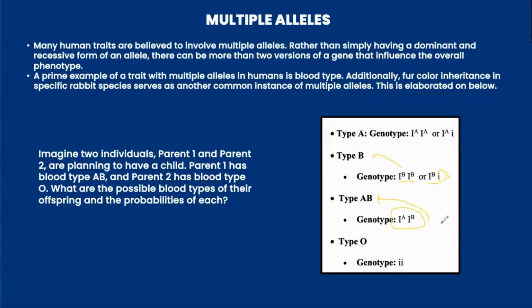So you can see here that there are multiple capital letters for blood type designation, and the combination of both dominant alleles gives a whole new blood type. And then finally, you have blood type O, which is the act of not having any allele association, but we represent it with two lowercase i's.